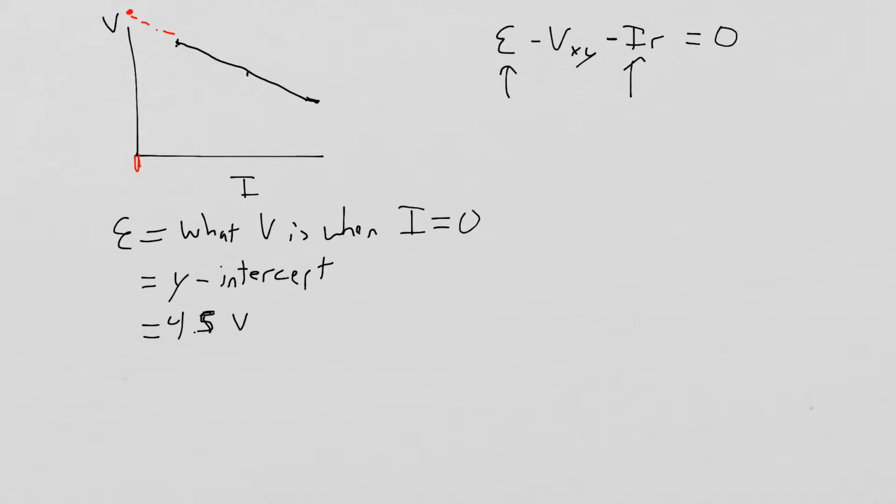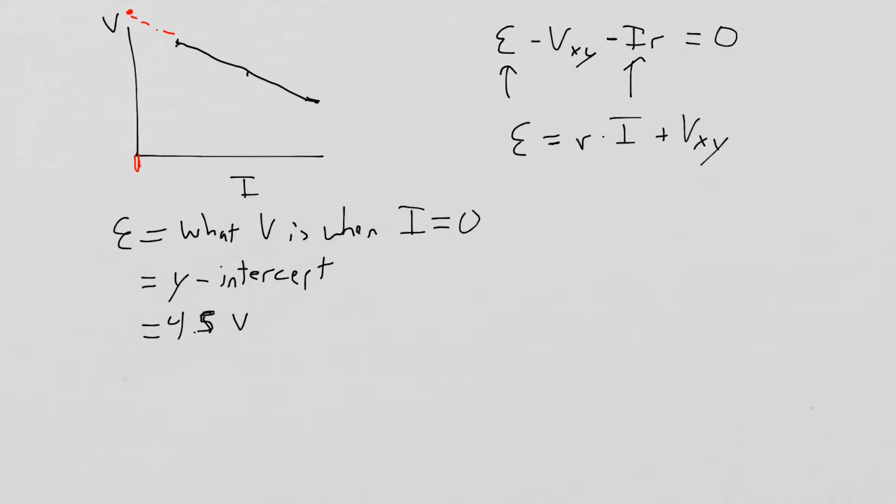Okay, now I've got the signs right. So negative r times I. And so from this I can identify from the graph, right, y, x, and therefore this is the slope. And so we can measure the slope of that line.